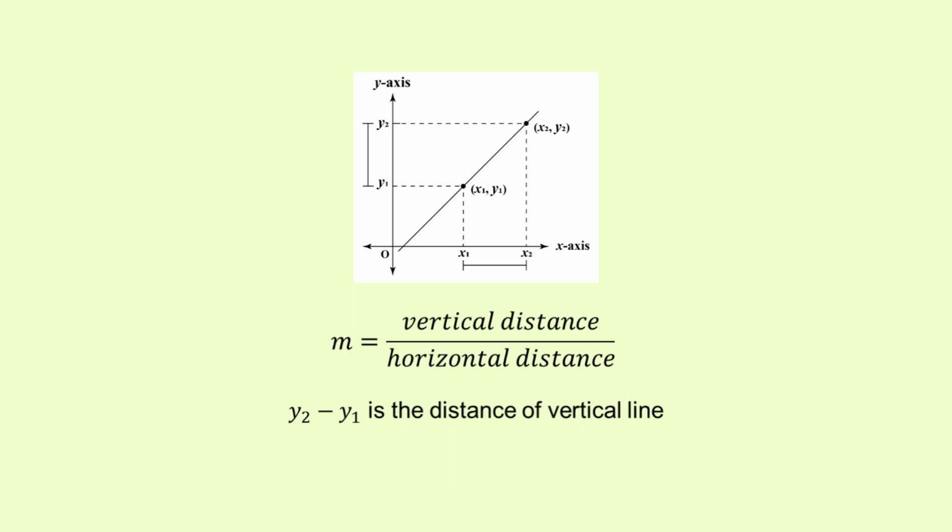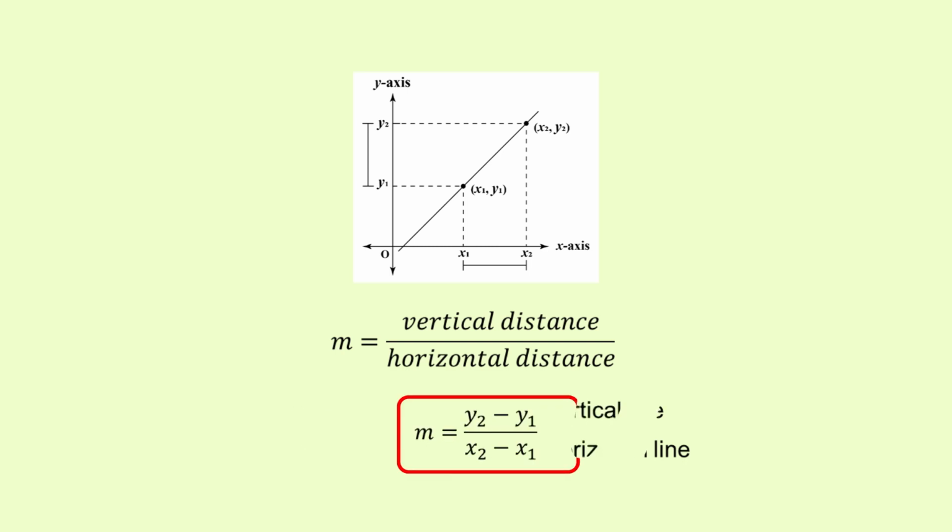And the horizontal distance is the difference between the x coordinates, x2 minus x1. Now, we can substitute the vertical and the horizontal distance into the formula, and we will have m equals change in y divided by change in x.